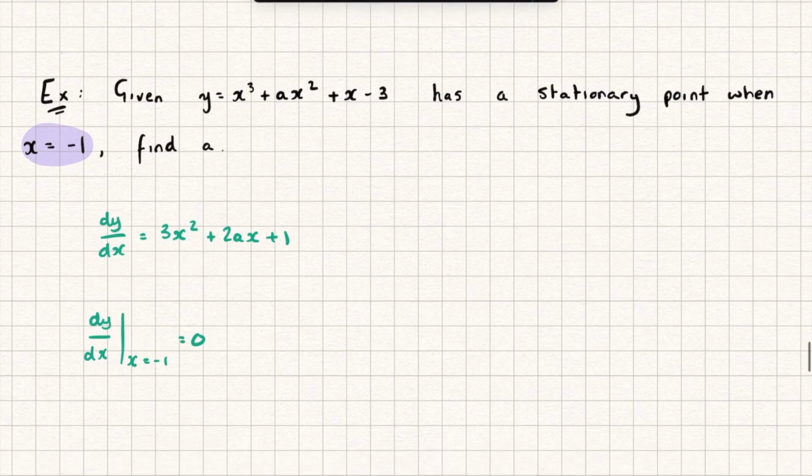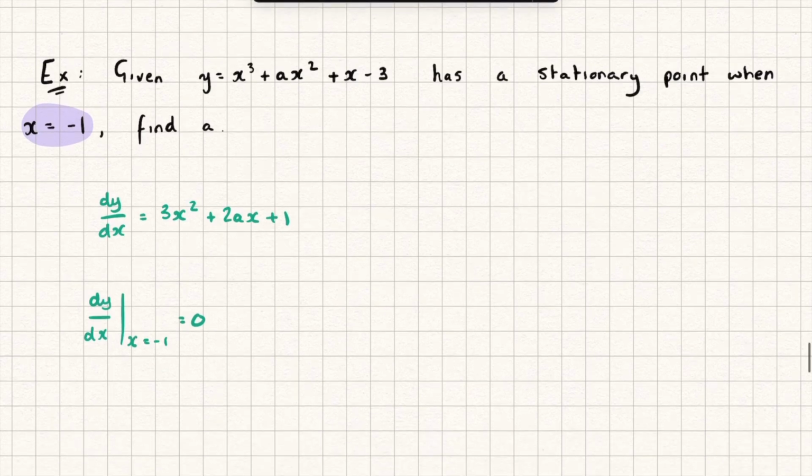Let's substitute x equals negative 1 into our derivative. We've got 3 multiplied by negative 1 squared plus 2 times a times negative 1 plus 1, and this equals 0. Negative 1 squared is 1, times 3 is just 3. 2a times negative 1 is minus 2a, and then plus 1 equals 0.